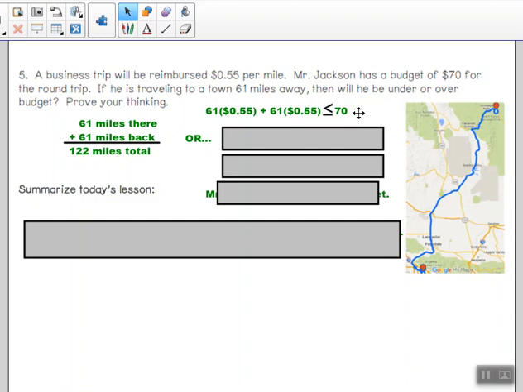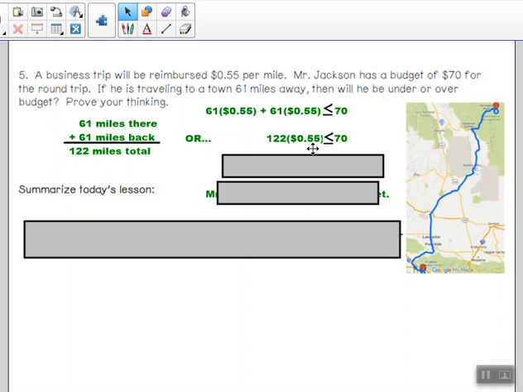All right, that's the goal, is to stay under 70 bucks, or to not go over it at least. Now, another way to think about this right here is to just say, you know what? We know he's doing 122 miles. Let's add those 61s. 122 miles times 55 cents. That's probably the easier way to think about it, for me at least.